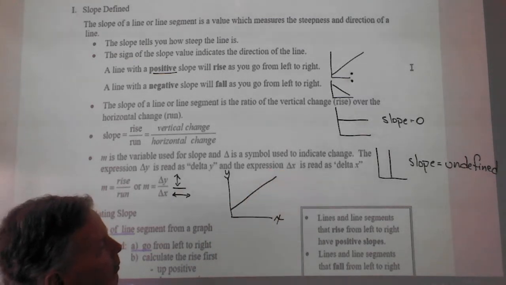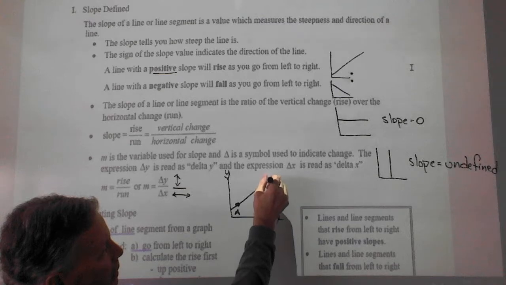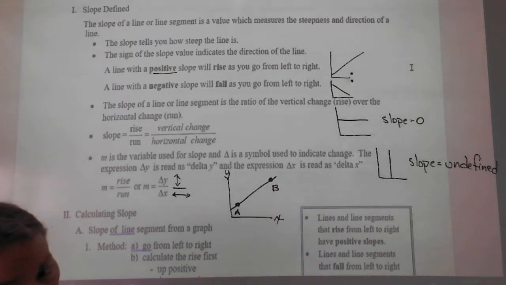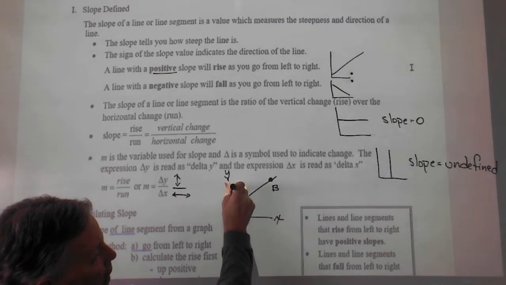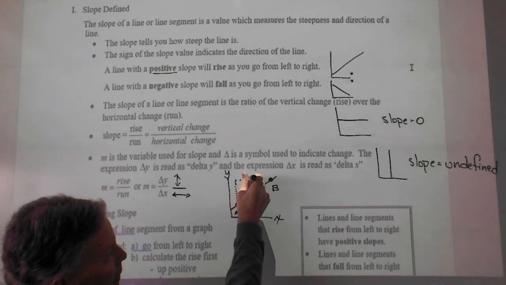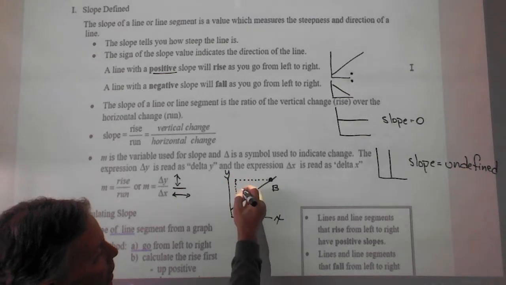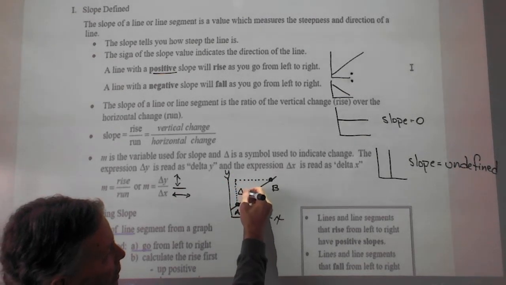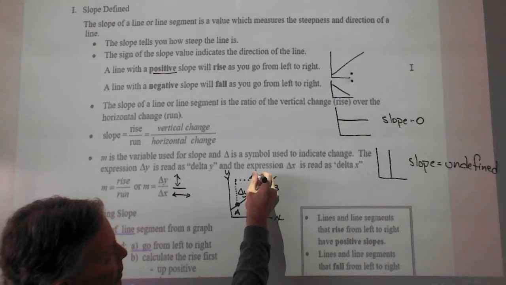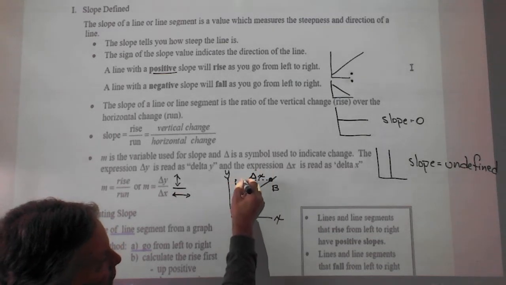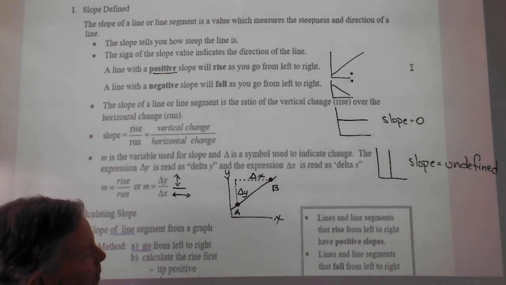So, for any point A and B on a line, to get from one point to the next, you're going to have to go a certain number of units up and a certain number of units across. In other words, you're going to have a change in the vertical distance as you go up, and you're going to have a change in the horizontal distance as you go across. Slope is just an indication of that change, okay?